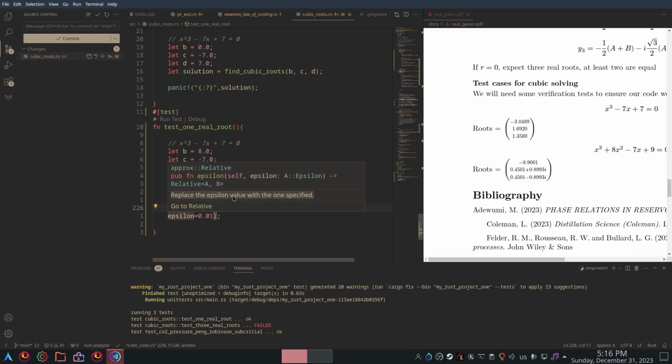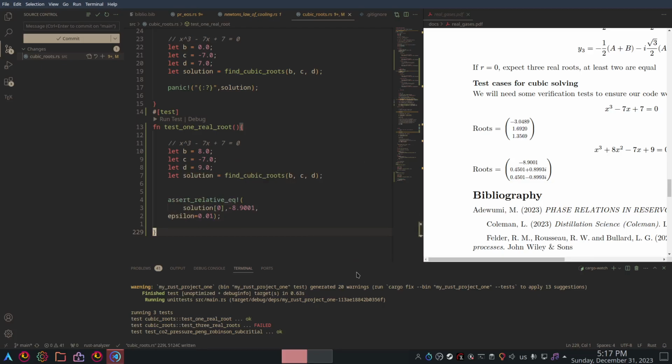It's a fractional error, a relative error. That means if I'm trying to compare these two values and I want to check whether they match within a fractional error of 0.01, in other words, do they match within 1%, then I'll use epsilon equals 0.01, because 0.01 is 1%.